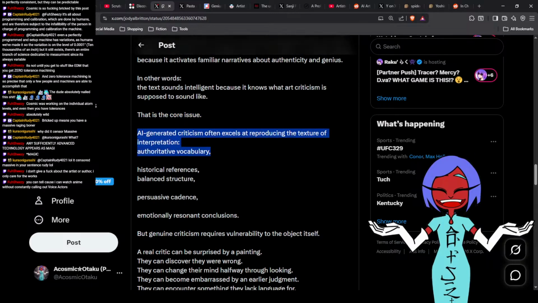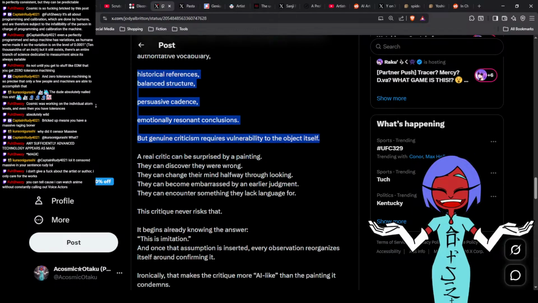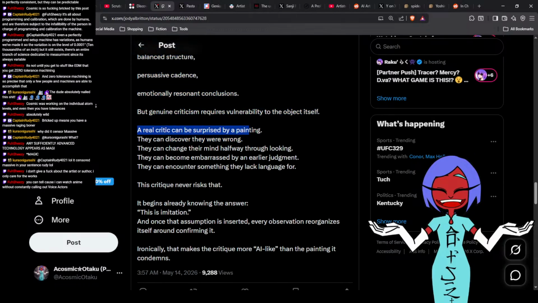AI-generated criticism often excels at reproducing the texture of interpretation: authoritative vocabulary, historical references, balanced structure, persuasive cadence, emotionally resonant conclusions. But genuine criticism requires vulnerability to the object itself. A real critic can be surprised by a painting. They can discover they were wrong. They can change their mind halfway through looking.